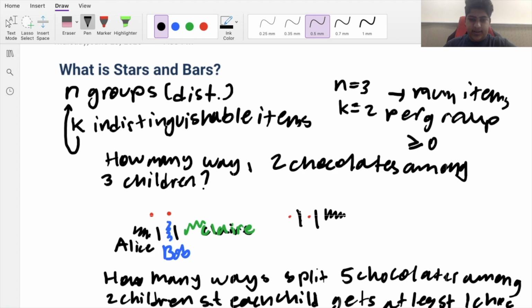Now, once again, we have 2 partitions, which is equal to 3 children minus 1, and we have 2 chocolates here. Now, how many ways can we arrange these? Well, if you think about it, it's the same way as arranging a word with 2 different letters. Let's say a chocolate represents the letter C, and a partition represents the letter P. So, as you can see here, this is equivalent to the number of ways to arrange the word CCPP.